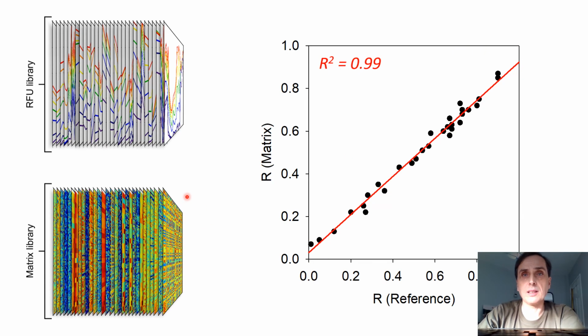And this plot here shows the relationship between the R reference, so this is the actual accuracy of the optimization, versus the R matrix, and this is how well modeler thinks it's performed, so how accurate it believes the accuracy to be. And you can see that there's a very high correspondence between the two, so HDXmodeller is able to appraise its own performance with an accuracy of 99%.